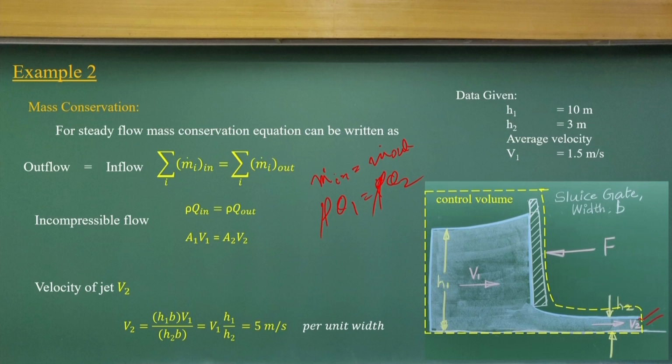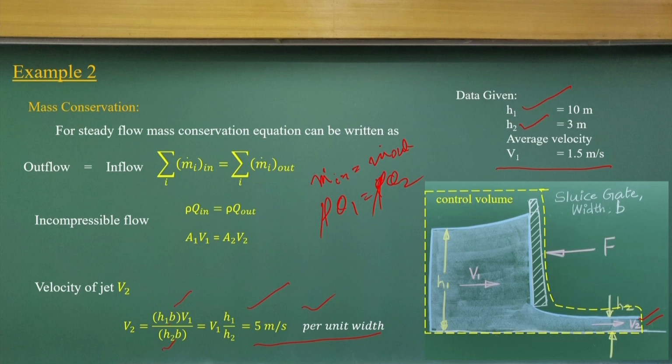You know h1 and h2. You can consider a unit width perpendicular to this surface, then the b will cancel out, or you can consider width b and then compute the velocity. If I substitute h1 equal to 10 meters and h2 equal to 3 meters, the average velocity comes to 1.5 meters per second. As the depth of the flow reduces, the velocity increases.